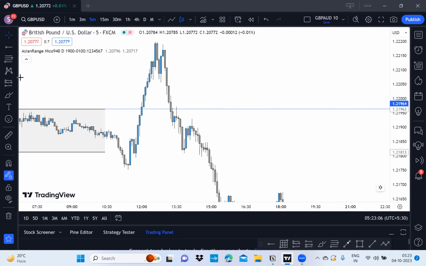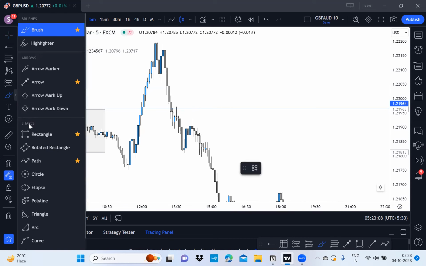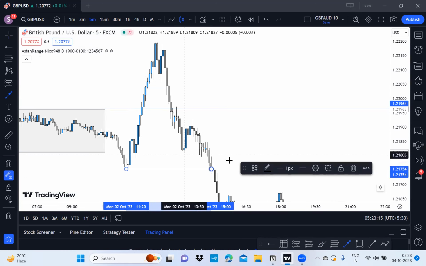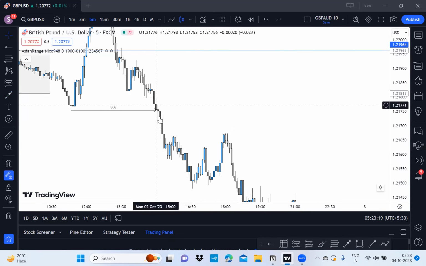So on the 5-minute time frame, what will be my BOS here? This previous low, right? This is my BOS. So the market gave the BOS here.